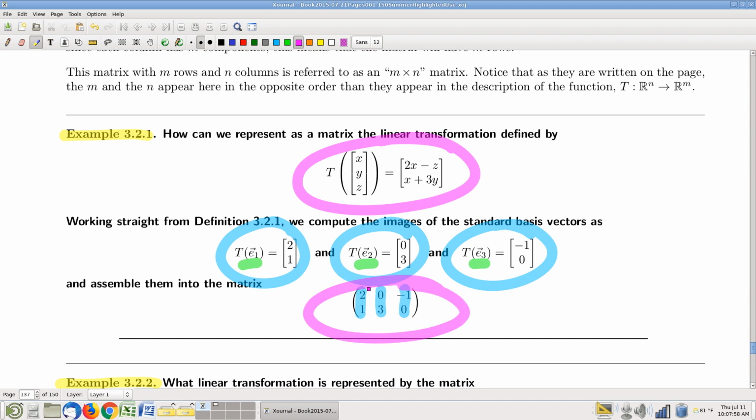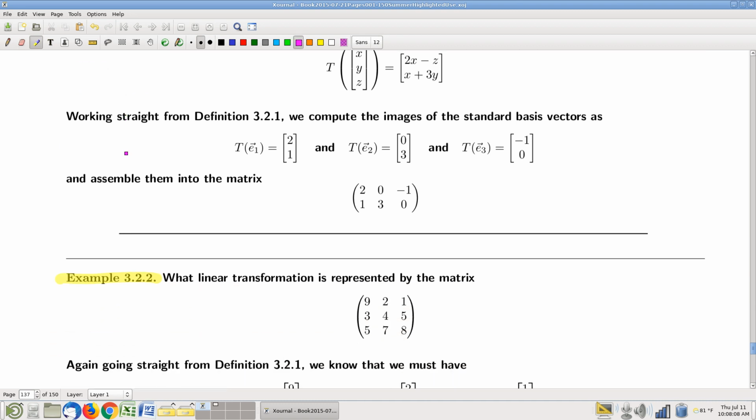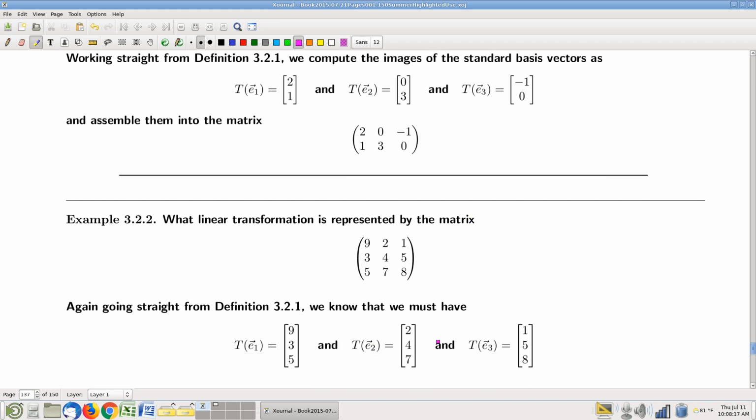Okay, let's turn it around. Suppose somebody gives you a matrix and says, reverse engineer for me, what linear transformation does this represent? Well, I know that the columns are the images of the standard basis vectors. Again, that's the definition we're using of a matrix representing a linear transformation.